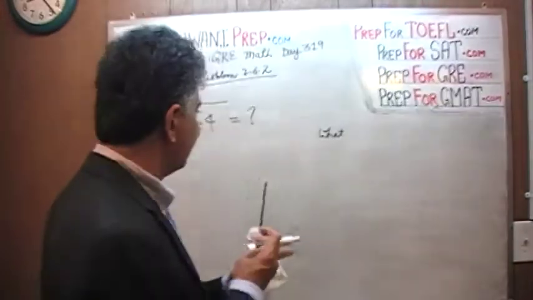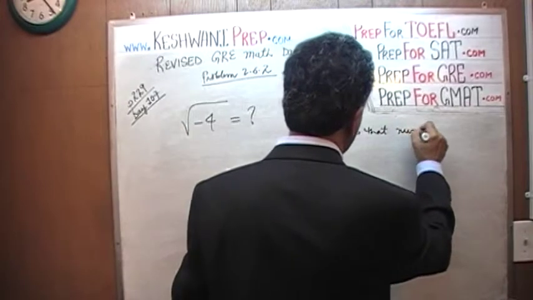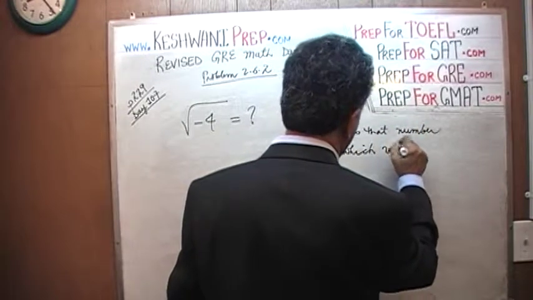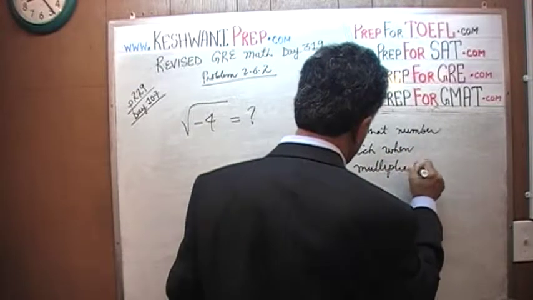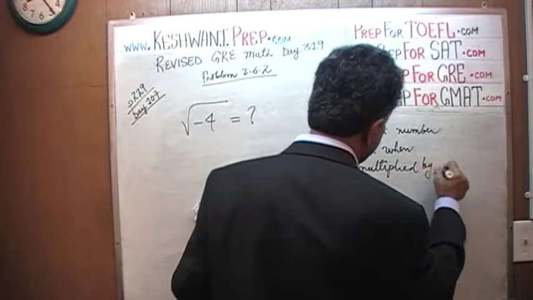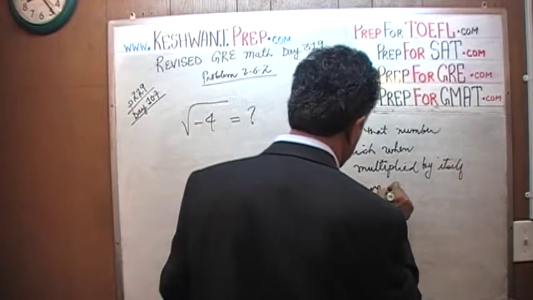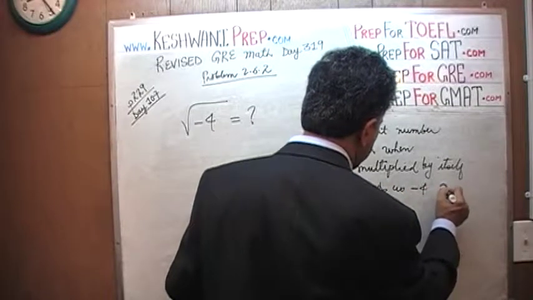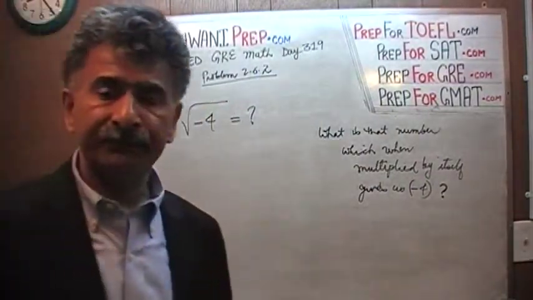Let's phrase it in the same way that we did before: what is that number which, when multiplied by itself, gives us negative 4? Can you think of any number?